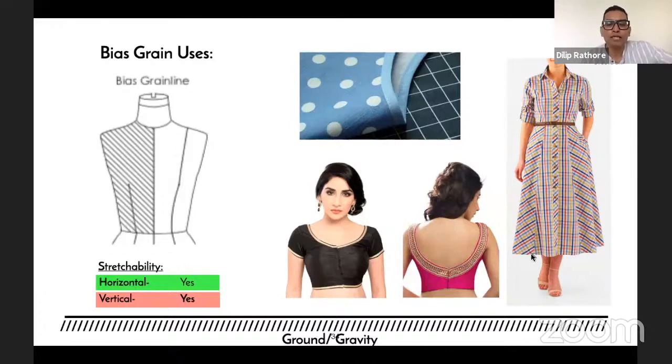when skirts are made, the big skirts or lehengas, there is automatically straight grain, cross grain and bias grain happening in the garment everywhere because it's a huge fabric.